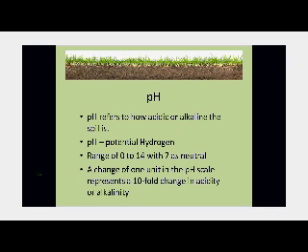So dropping from a 7 down to a 6 means it drops 10 times. A soil of a pH of 6 is 10 times more acidic than one of 7. Then if you drop to 5, that means it's 100 times more acidic than a pH of 7.